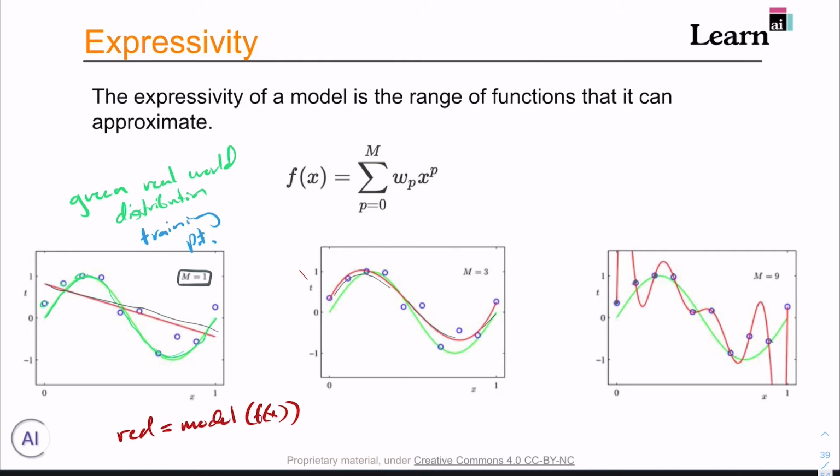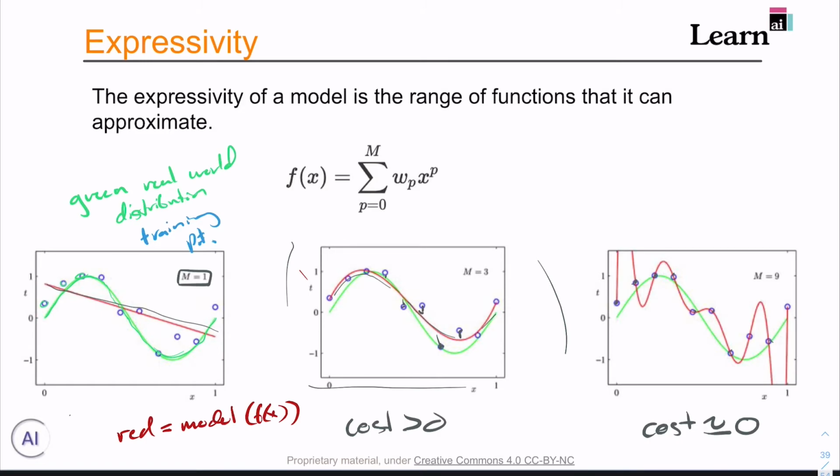So the cost with this m9 would be, let's say, about 0, right? The cost for m3 is higher, right? Because you can see these blue lines, there is some distance between this red and blue points.